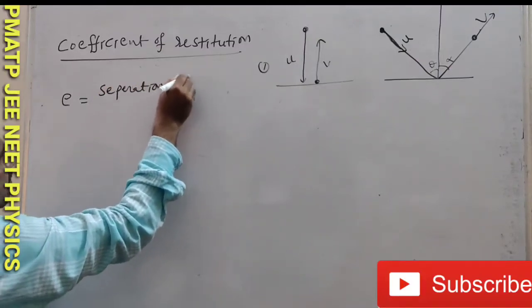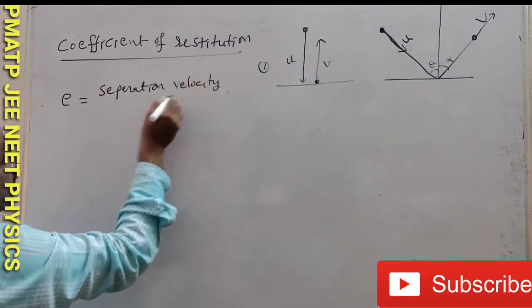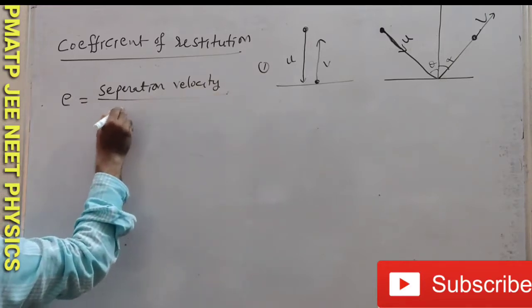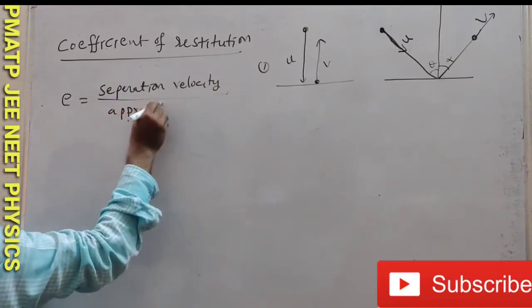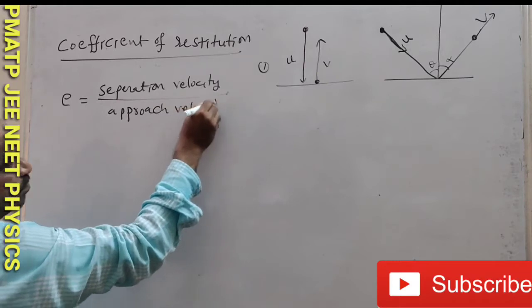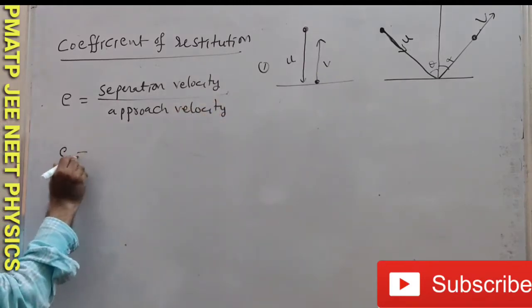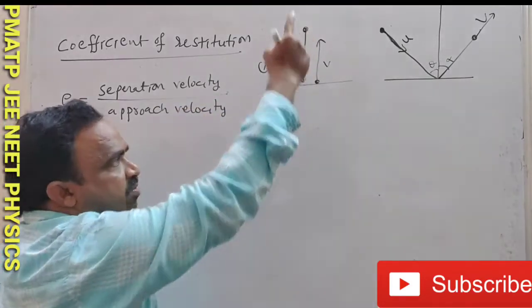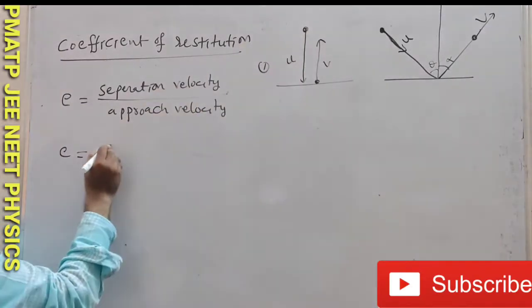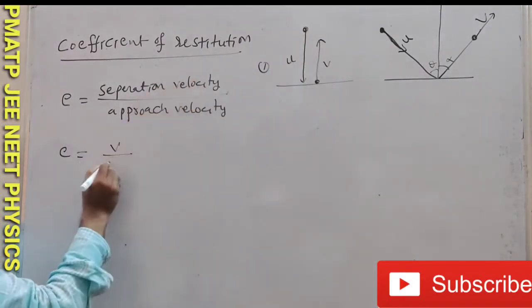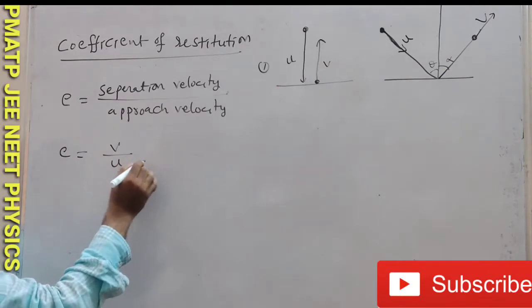So in the first case, the ball is separated from the ground with velocity v, and approaches with velocity u. So this is the first case.